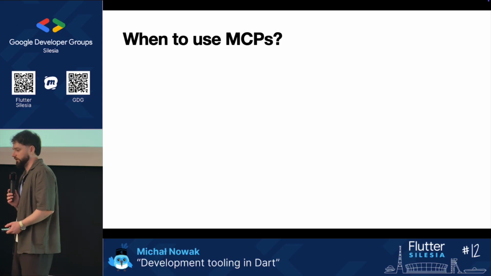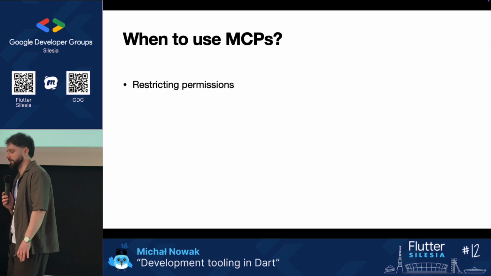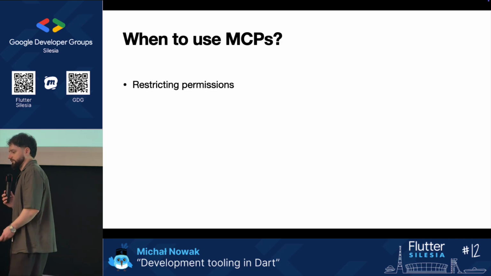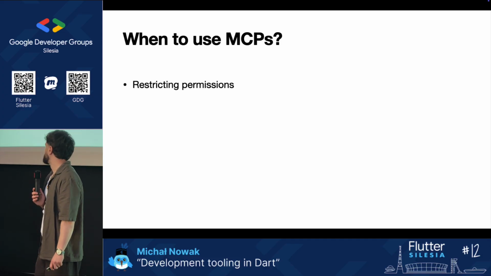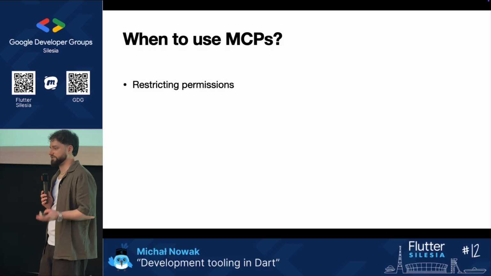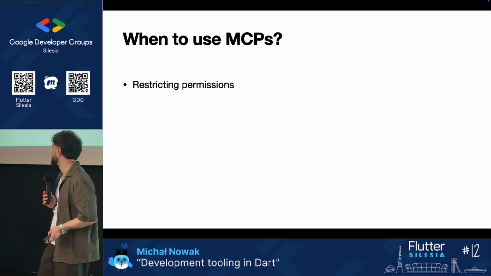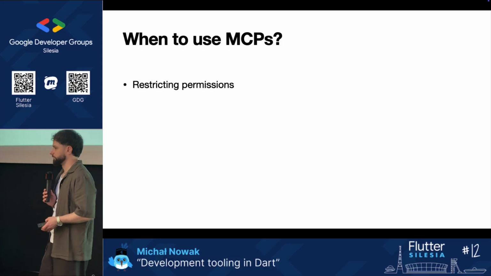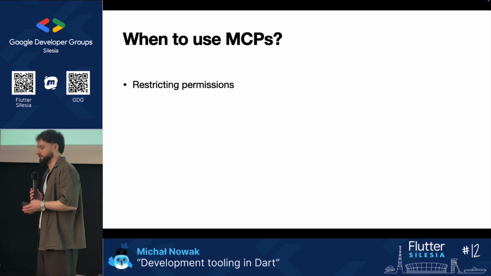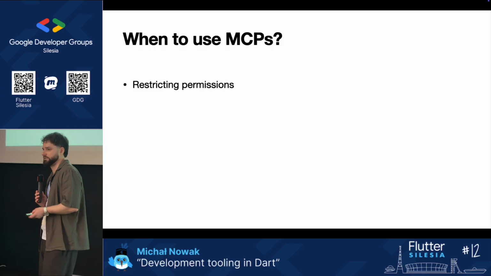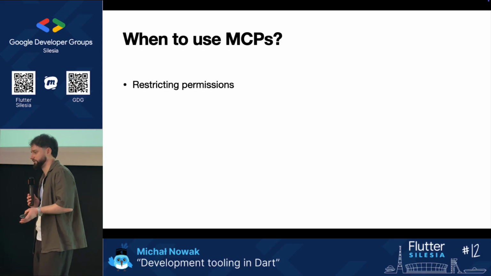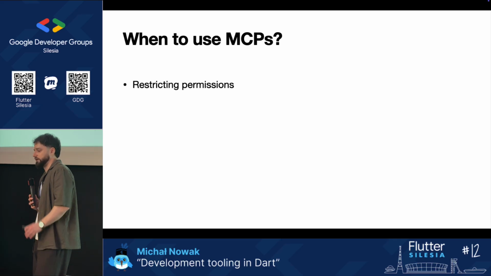One of which is just restricting some permissions for the methods you're calling. So, for example, with this translations CLI, we could pretty easily just give permission for the agent to have access to the whole terminal and let it call the CLI to add translation keys as you're working on some kind of feature.